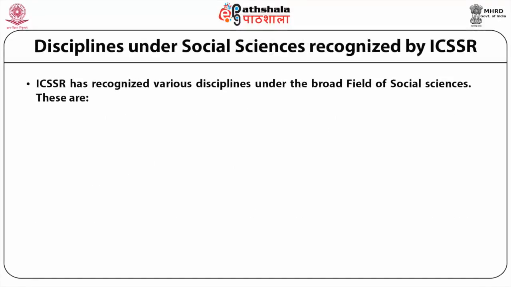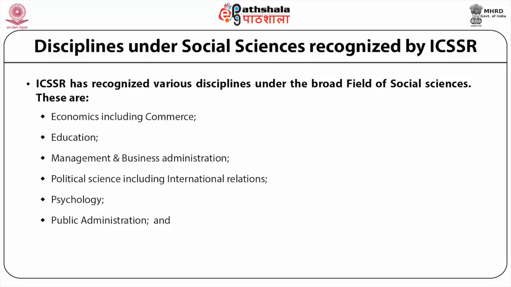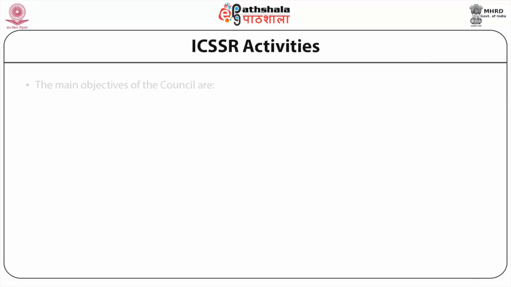ICSSR has recognized various disciplines under the broad field of social sciences. These are economics, including commerce, education, management and business administration, political science, including international relations, psychology, public administration, and sociology, including social work and criminology.